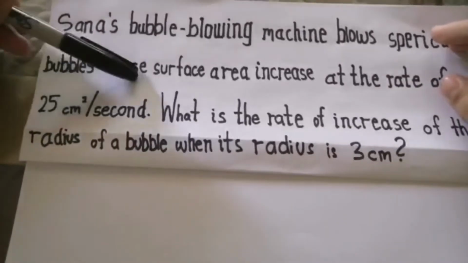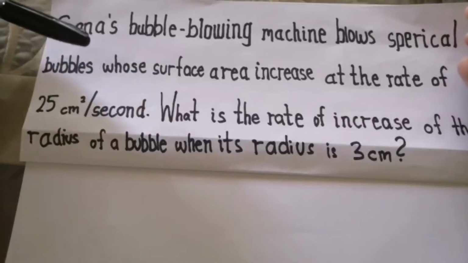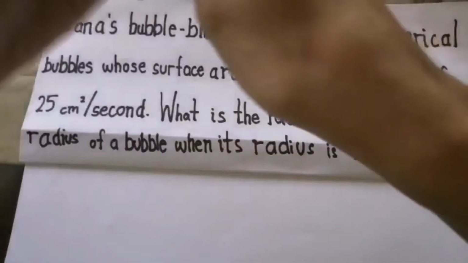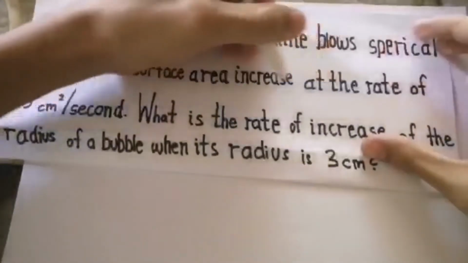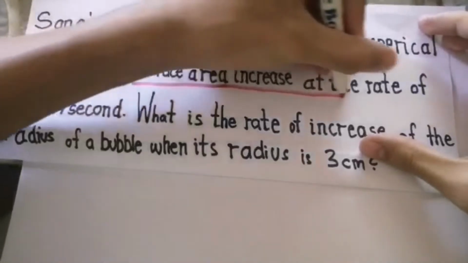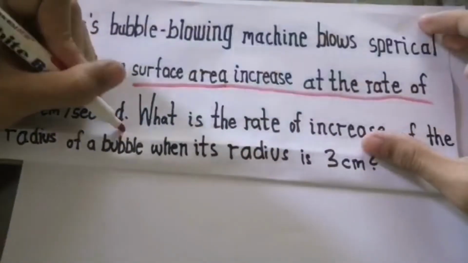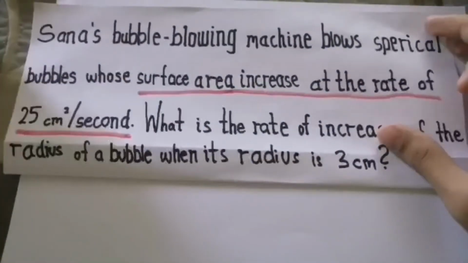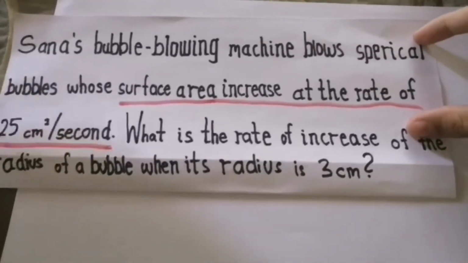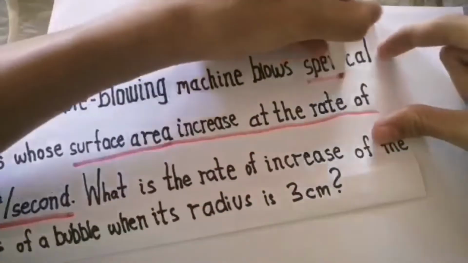So the question tells us the surface area increases at the rate of 25 cm squared per second. Next, it tells us that the shape of the bubbles is spherical.